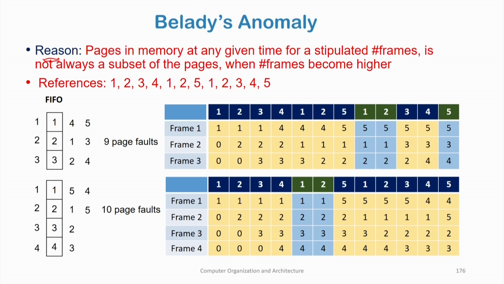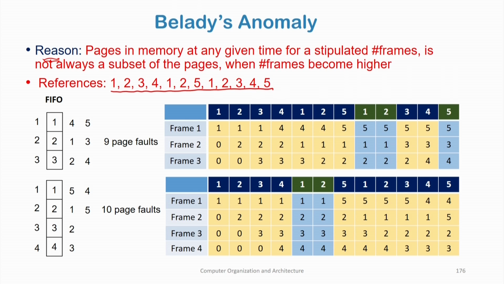Because suppose I have 3 frames, at any given time the pages that are there in memory are not a subset of the pages that are there when my number of frames is higher. So, when the pages I am containing are not a subset of those when my number of frames is higher, then Belady's anomaly occurs. We will take the example of this reference string and see why and how this happens.